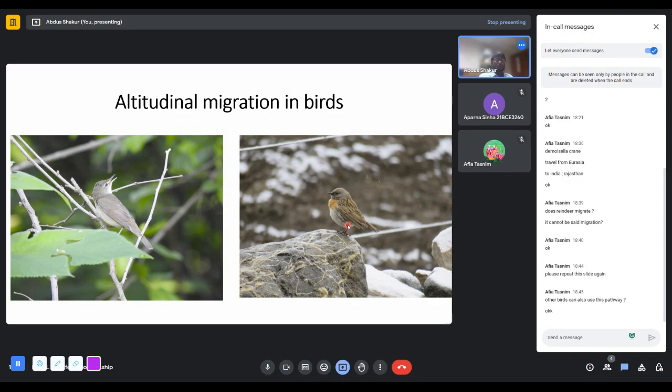Okay, so what happens here? Let's say, for instance, currently this is September. If you divide this whole season, March to September is summer. In summers, the species can be found from 3,500 meters and above.